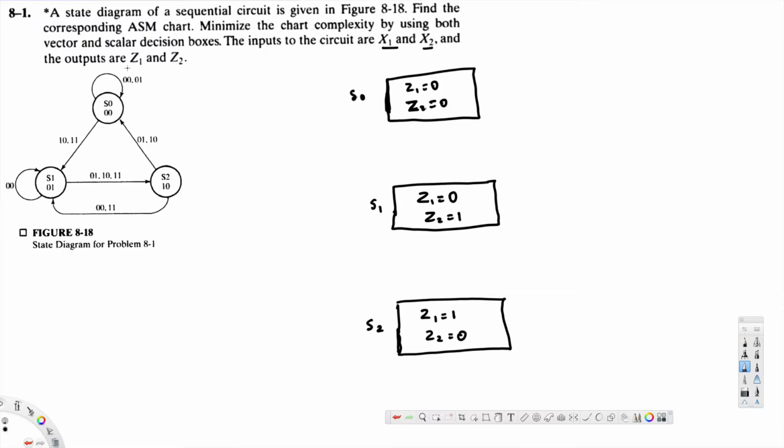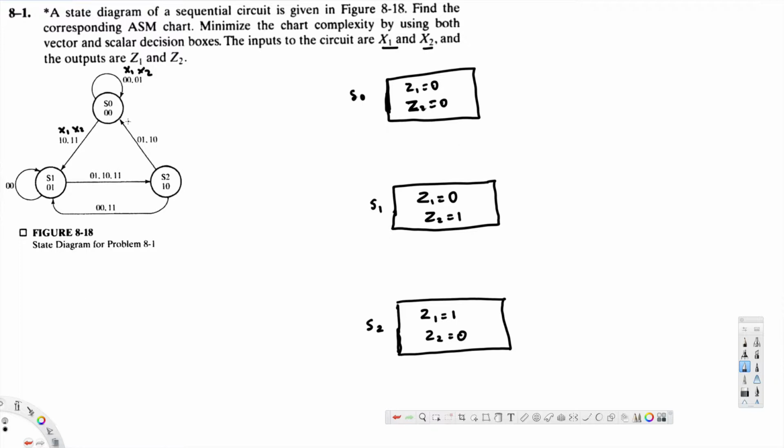Here we have x1 x2, and the combinations 0 0, 0 1, 1 0, 1 1.